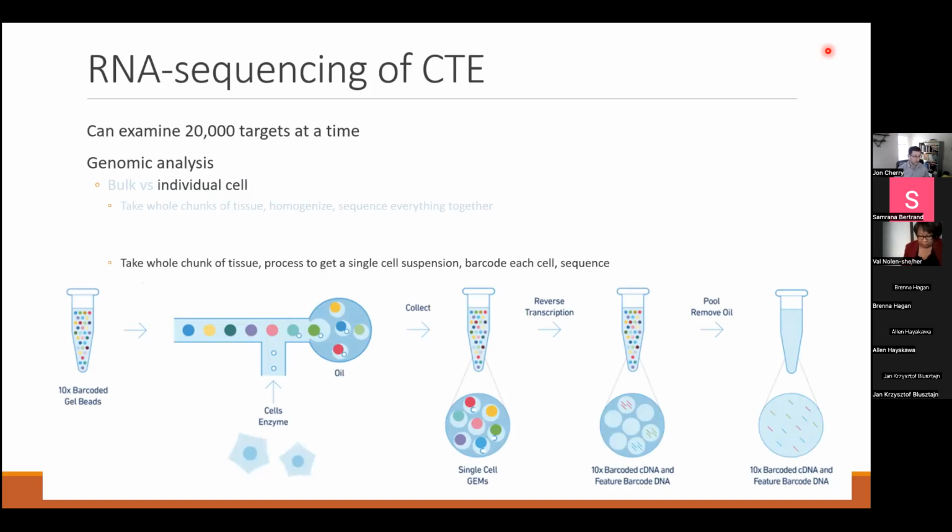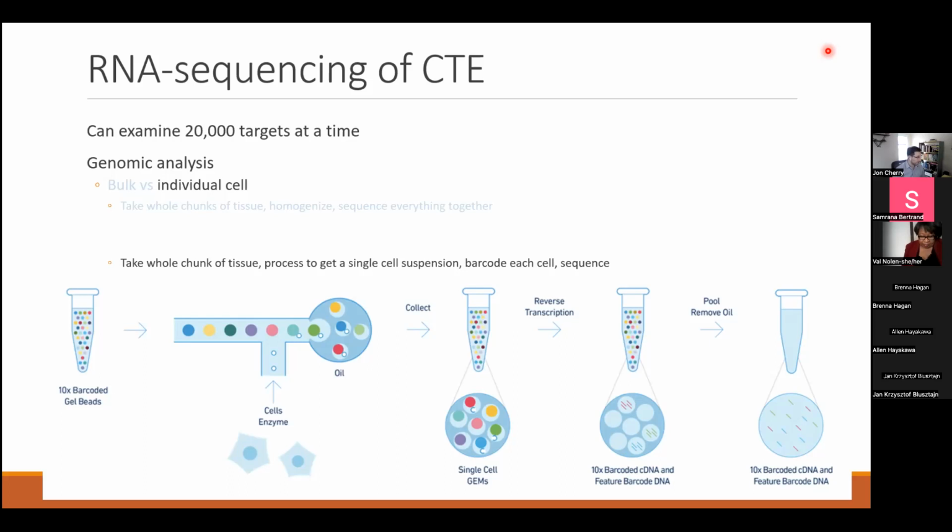And we chose to do that. Using the single cell approach, just if you're not familiar with it, you take your whole chunk of tissue like you would for sequencing, but instead of grinding it all up, you process it to get single cells out of it. In our case, we use frozen tissue, and we got single nuclei out of it.